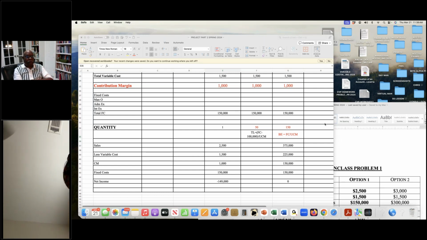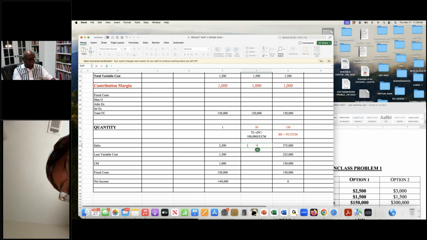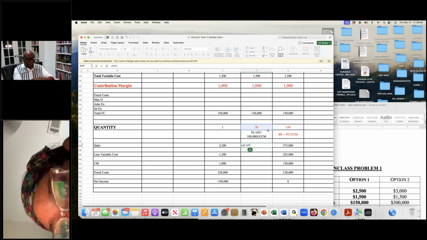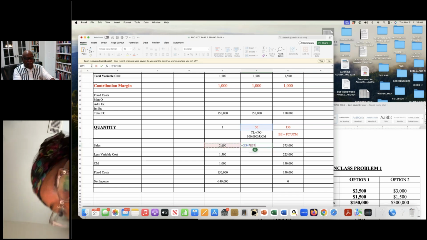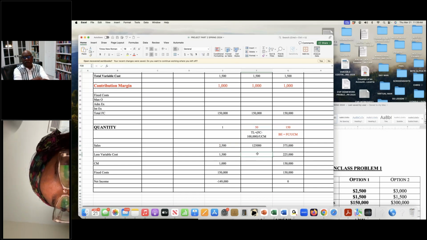Okay. So the sales is going to equal what? It's going to equal this quantity times what? The selling price. 125,000.